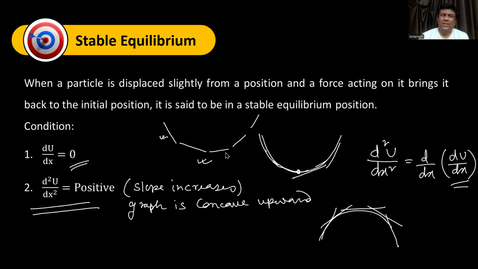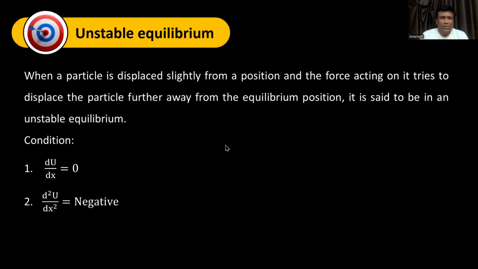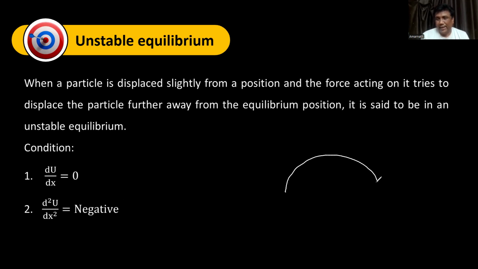Similarly, we can discuss the unstable equilibrium also. For the unstable equilibrium, again you have to write the second point. Force is zero, so dU/dx is zero only, but the double differentiation is negative, because the graph will be like this. The graph is increasing, then decreasing, but it is a concave downward graph.